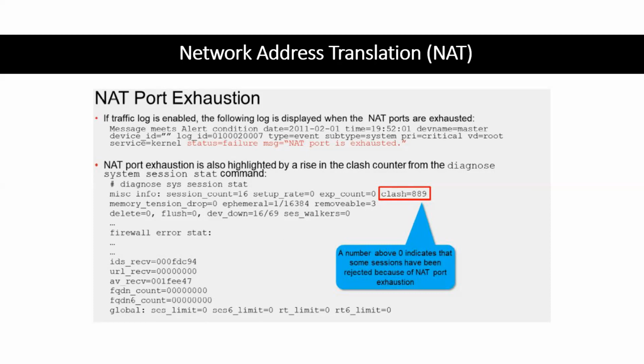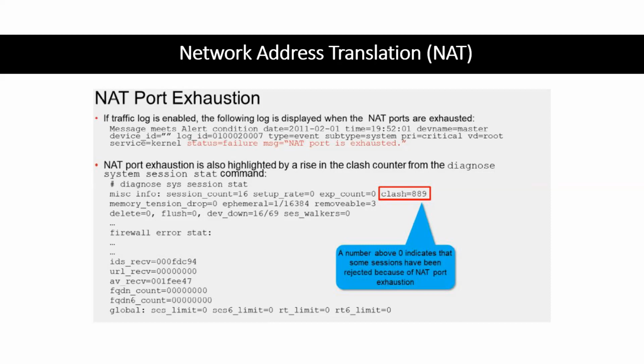And what you guys can do to troubleshoot this issue is do one of the following options, right? You can either A, create a new IP pool that has maybe another external IP tied to it, right? And so it'll load balance those sessions across them, or reduce the number of sessions that require NAT, right?